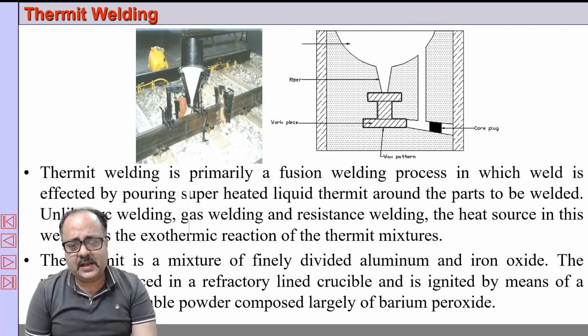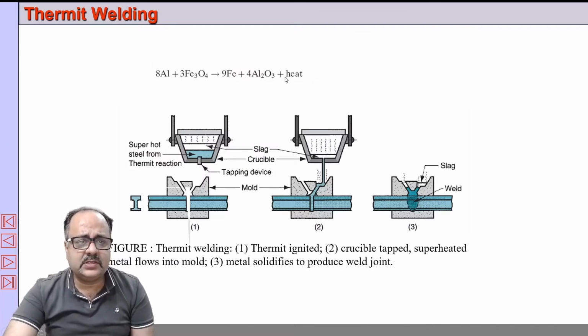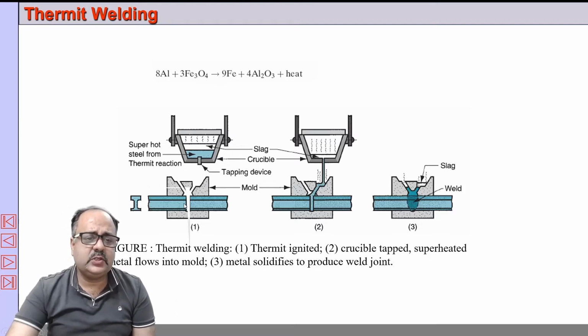When placed in a refractory crucible and ignited by means of a highly inflammable powder called barium peroxide, an exothermic reaction takes place. It produces heat, and the iron is melted and is deposited in between the two metal pieces which you are joining.